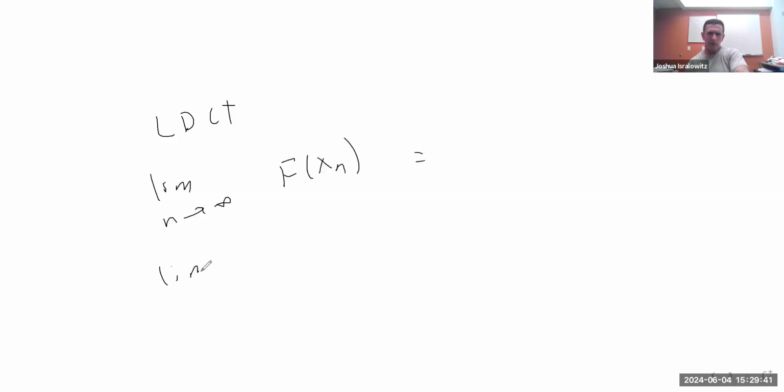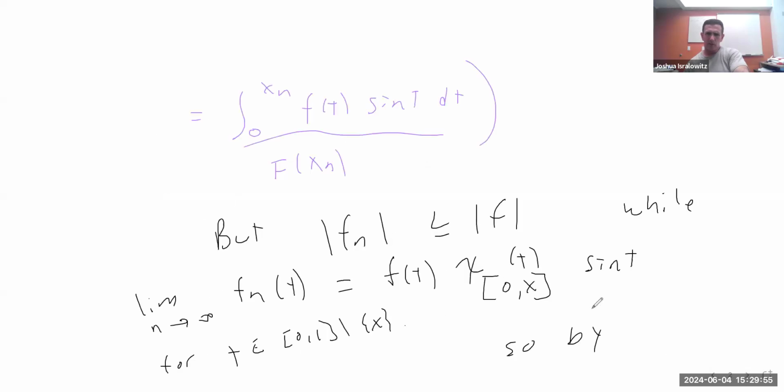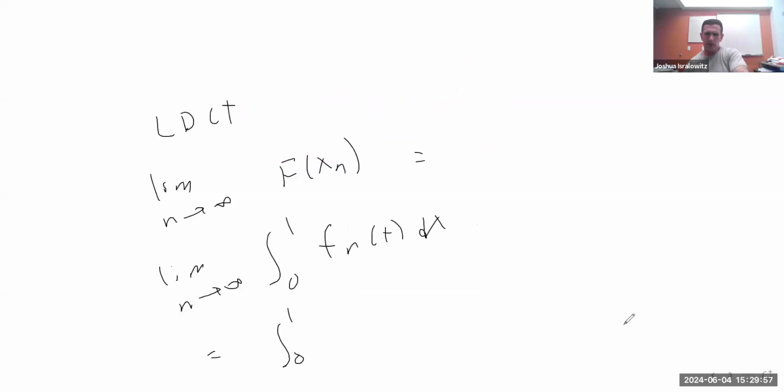So this is this limit. It's going to be this here, f of t, and that's just big F of x.